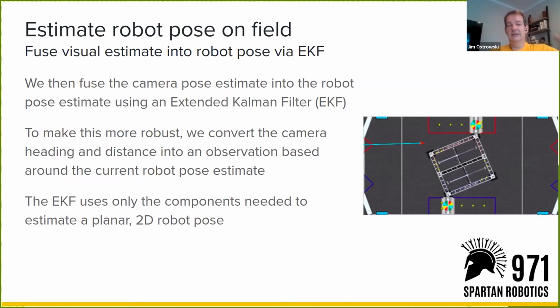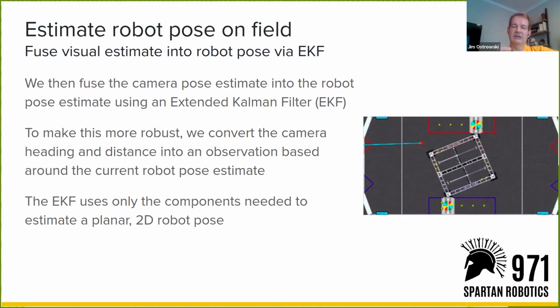But then the key there is we want to fuse that in. So we fuse that camera pose estimate, after translating it into the robot frame, the IMU frame, using an extended Kalman filter. And we play a little trick with that by converting the heading and distance from the camera estimate into an observation based on the current robot pose.